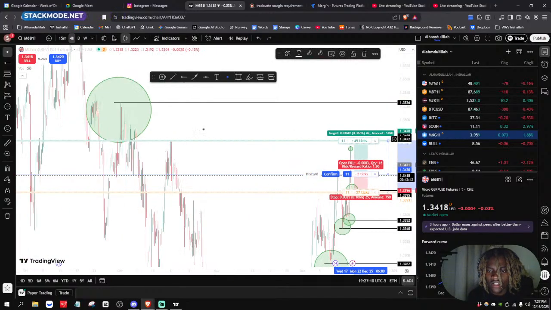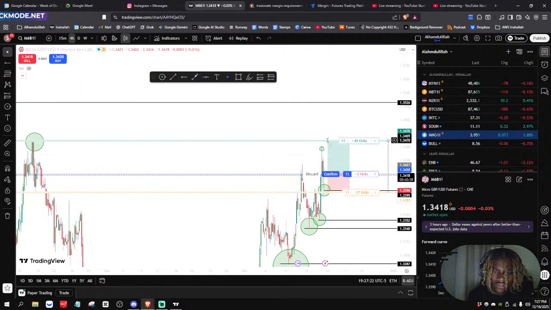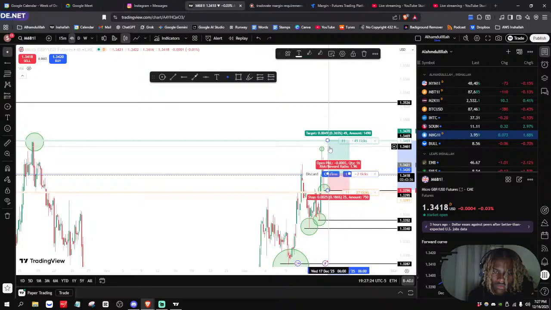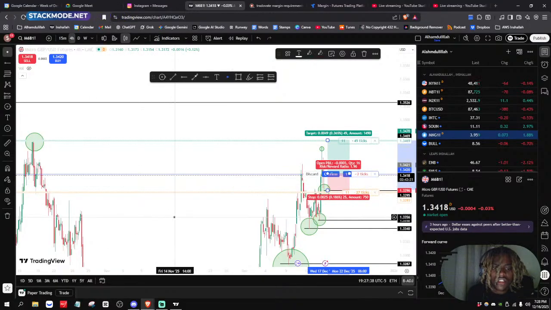Let's say I move it down to this take profit here. Now it's a 1 to 2, about 1.96, almost a 1 to 2. That means if you risked $100, you'd be making 200. If it's a 1 to 4 and you're risking $100, then you'd be making 400. So that's how risk to reward ratio works. It's just multiplicative.